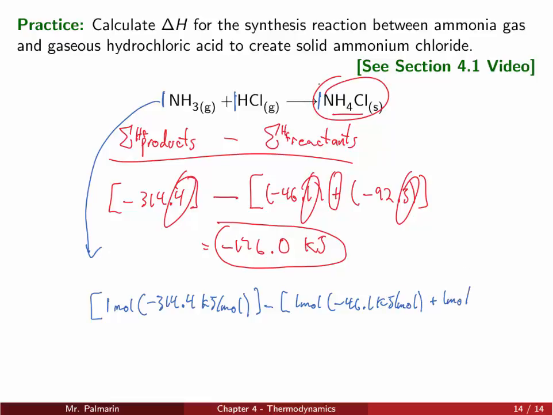These 1 moles are coming from here. If there's a 2, you have to multiply it by 2. Negative 92.3 kilojoules per mole. Running out of space, hopefully you can see that. Notice how the moles will all cancel, and then you're going to be left with your result of negative 176.0 kilojoules.